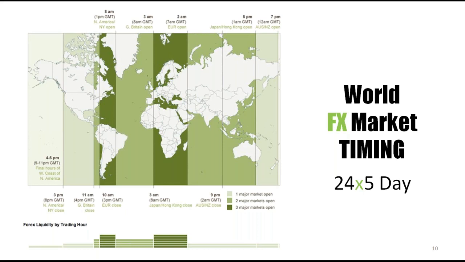That is important because sometimes the US market is open, sometimes the UK market is open, sometimes the Australian market or the Japanese market is open. So we have different time zones and different currencies being traded in those particular time zones.